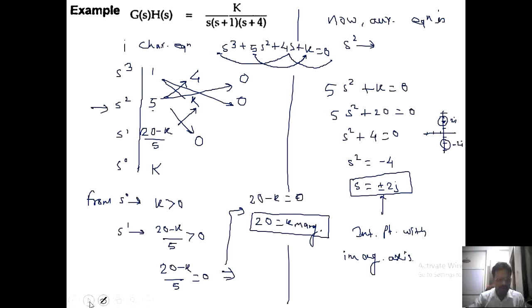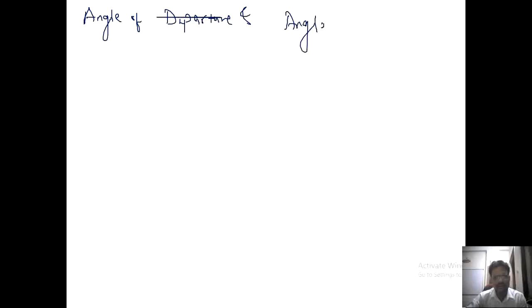There are more rules. One more rule is there, and the next rule is about angle of departure and angle of arrival.